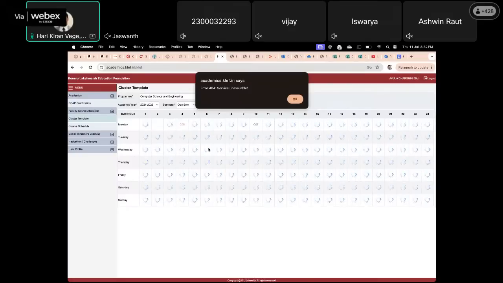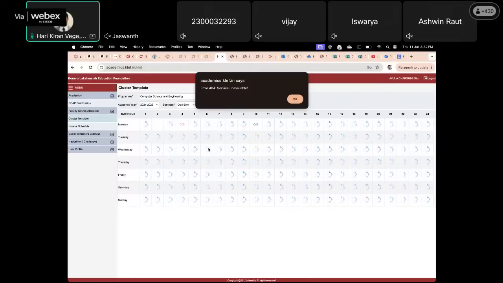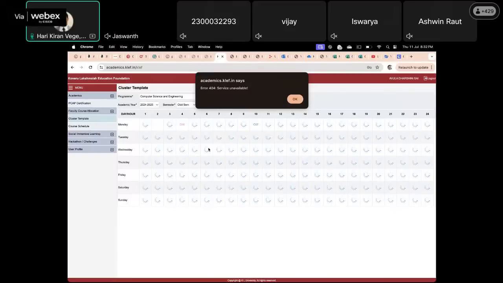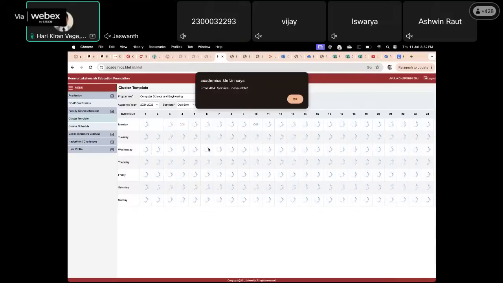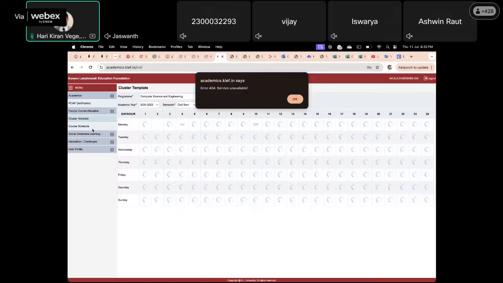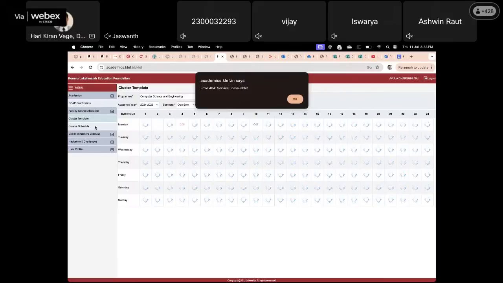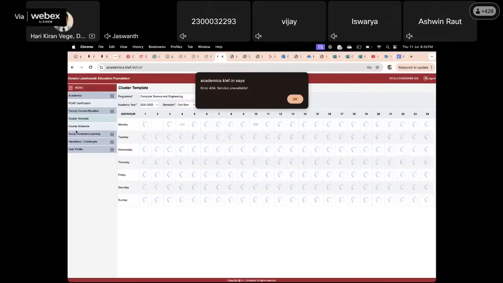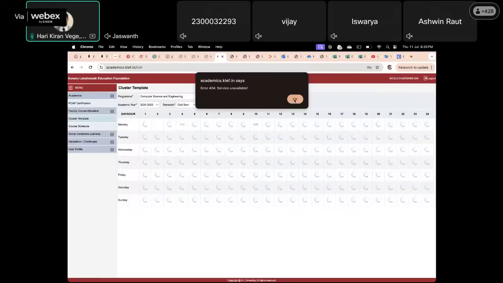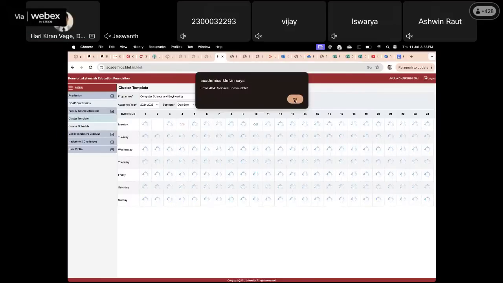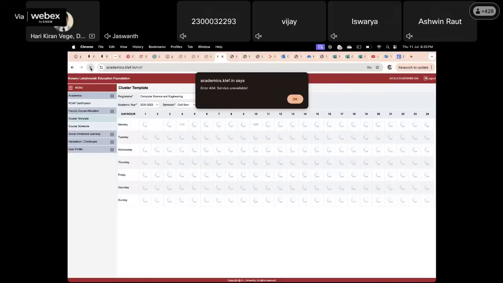If it is taking too long to load, I will take a snapshot of this and share it with you all, so that you can look at the templates easily. So a template is given to you in this cluster template option. Now you can go into the course schedule option.